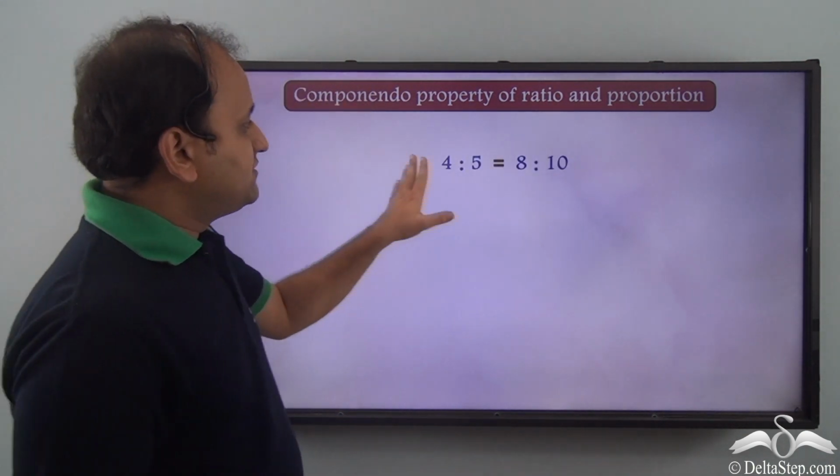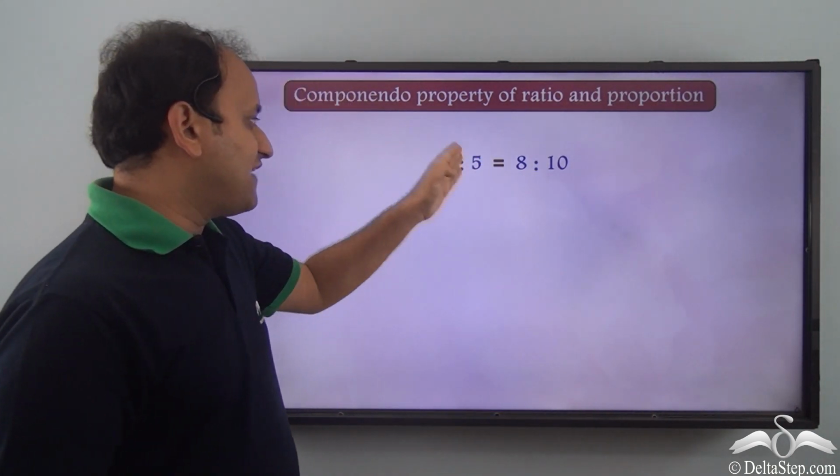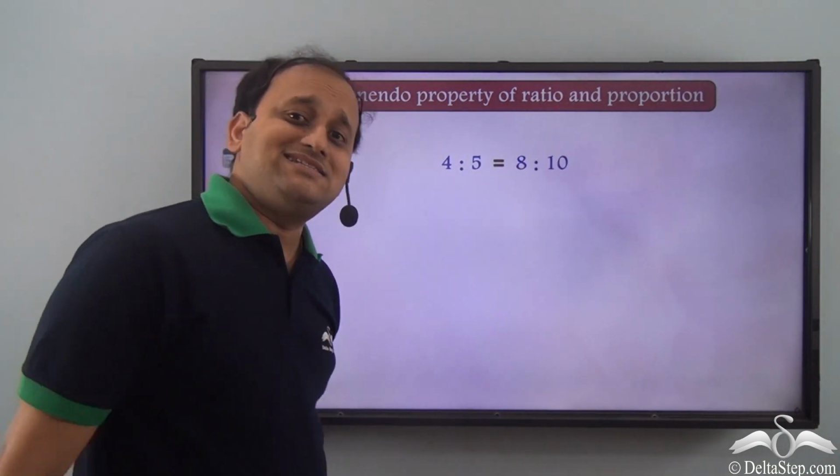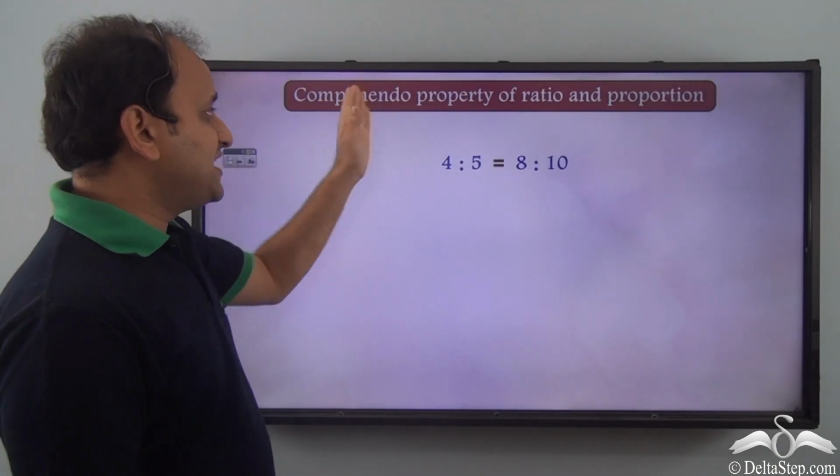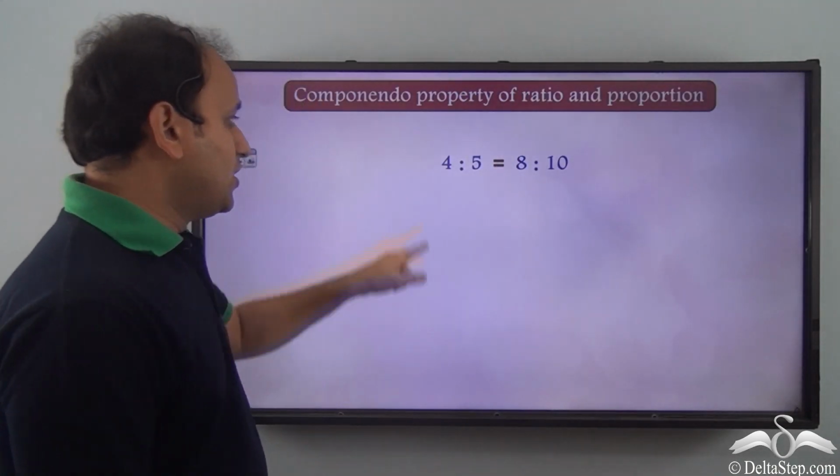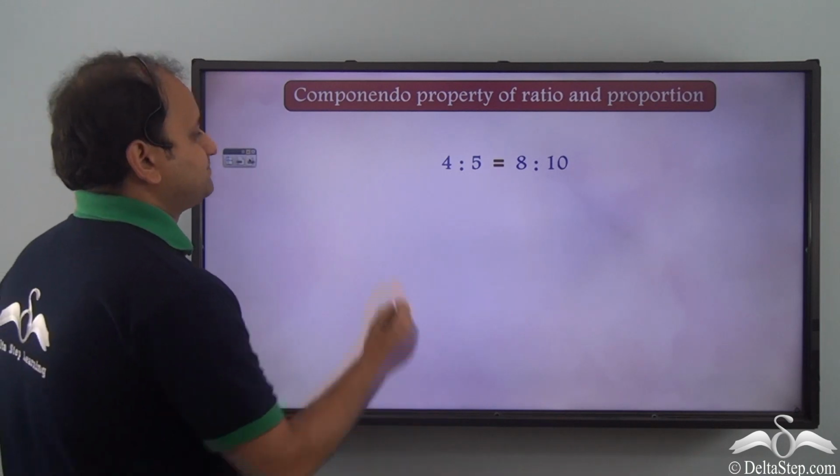So if we have this relationship here, 4 is to 5 is equal to 8 is to 10. If we apply componendo property of ratio and proportion, what can we write it as?